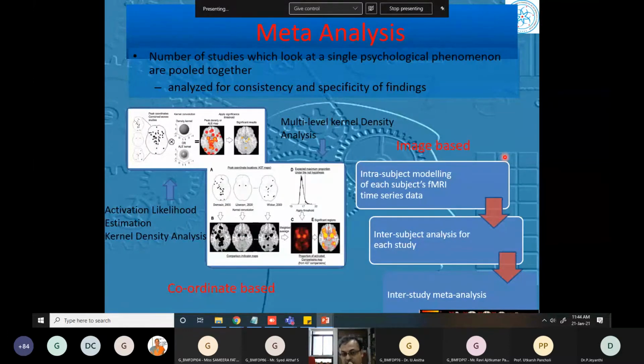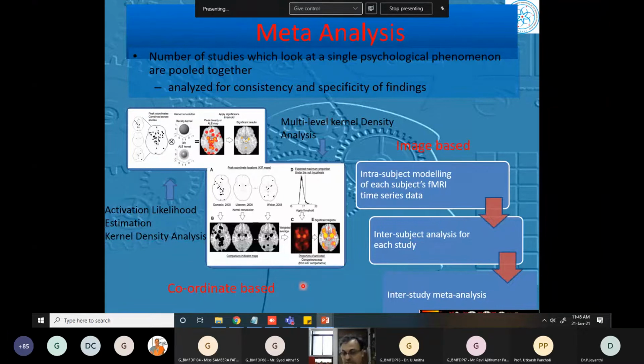So you can do what is known as meta-analysis. What is meta-analysis? You take all these different studies and put together the results of all of them, because we are all using the same template. When you use the same template, we can all report in the same coordinate space. So the center of the brain, XYZ, is 0, 0, 0.